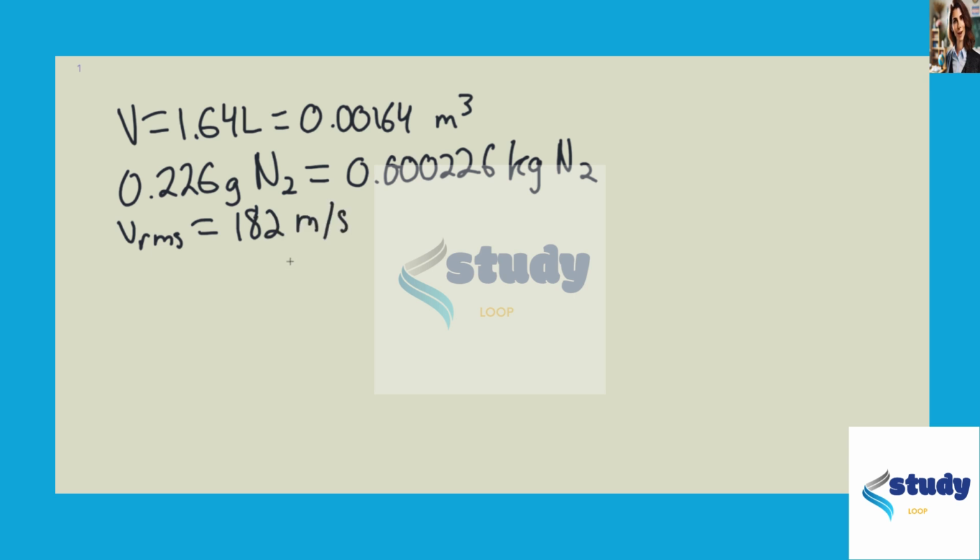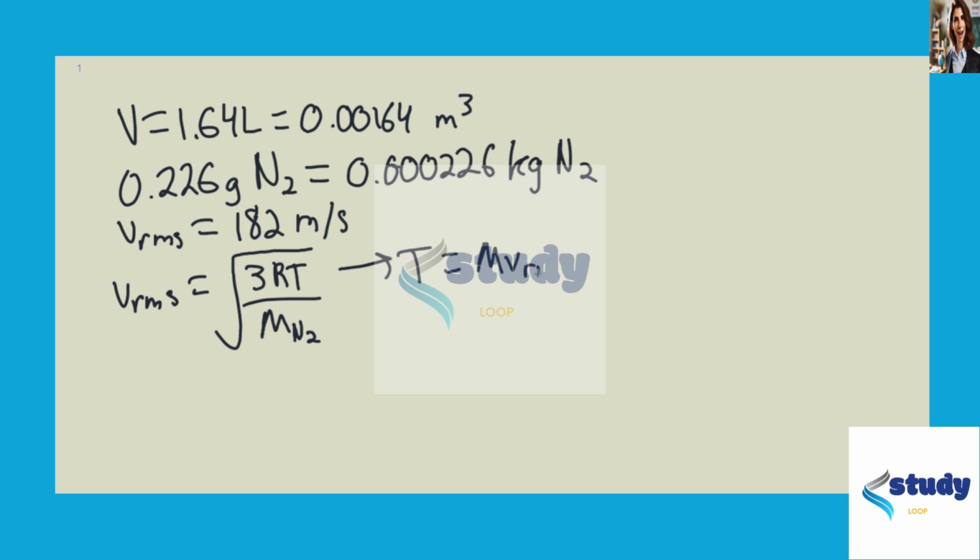Now, the root mean squared velocity is equal to the square root of 3RT over the molar mass of nitrogen gas. And again, this is just the formula for root mean squared velocity. So we can say now that the temperature is going to be equal to M times v, the root mean squared velocity, squared, over 3R. And again, we're only finding the temperature because we want to find the pressure.